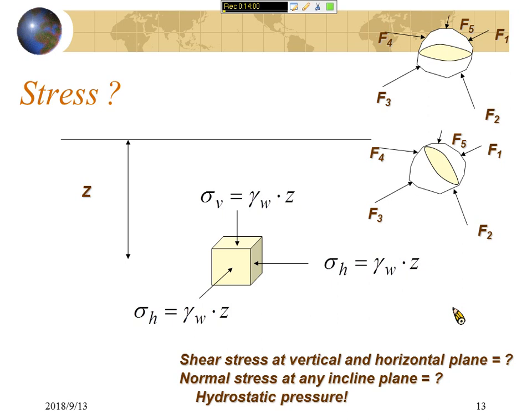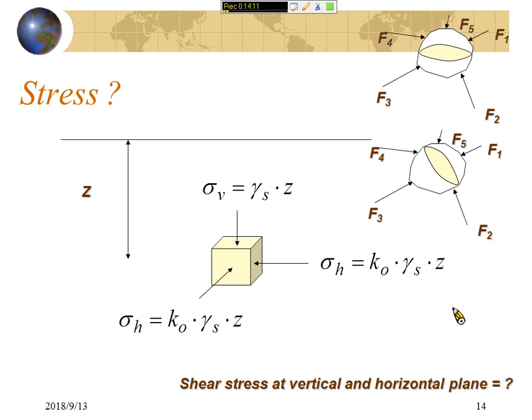Then you can use only one scalar to express the stress tensor, because you will have only one identical principal stress, and all of the normal stresses in different directions will be the same, and you will have no shear stress on any plane if it is isotropic stress, or hydropressure. You will have no shear stress because water cannot sustain shear stress.